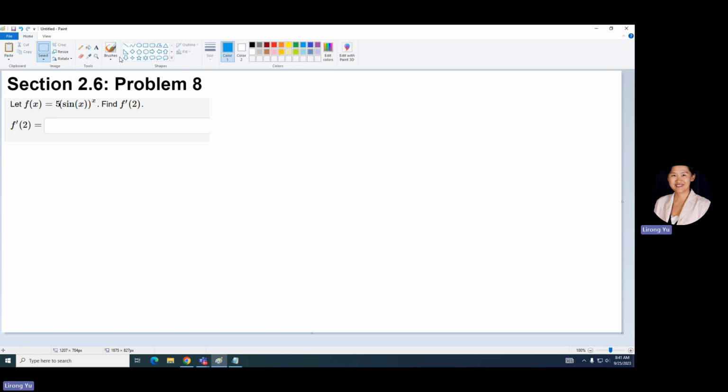So here we have y equals 5 times sine x to the x power. We're going to repeat the same process. This is the original function, and we are going to take the logarithm of the left side and the right side. The idea is that we hope to find a simple derivative. I realize the 5 is in the way.